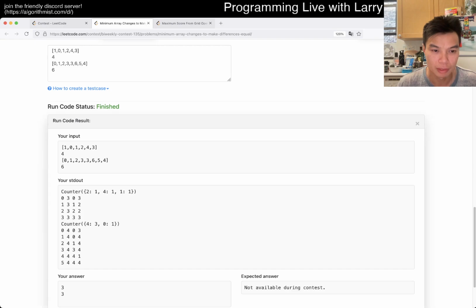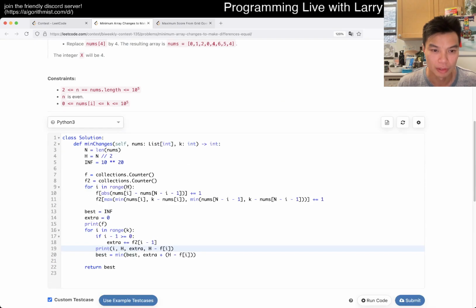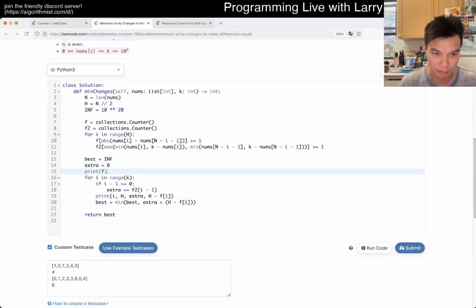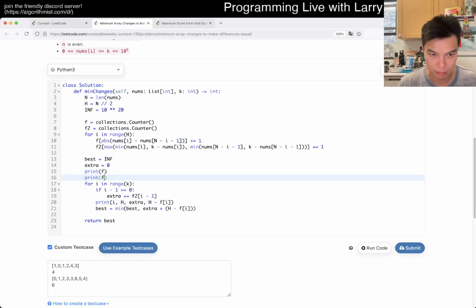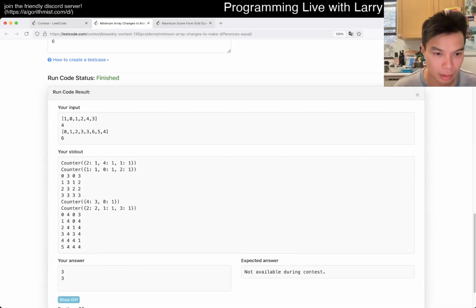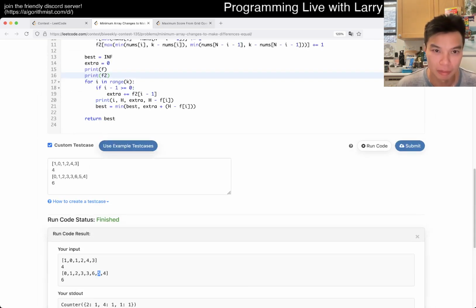Okay, so this is 1, but extra is 4. Why? Okay, so max is 1. No. 5 means that max is not 1.